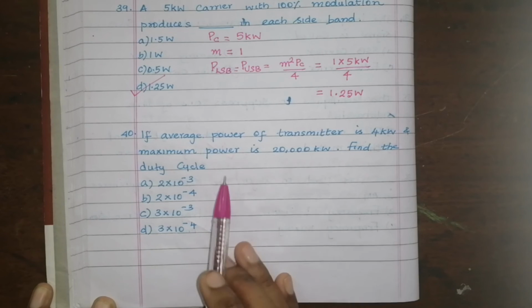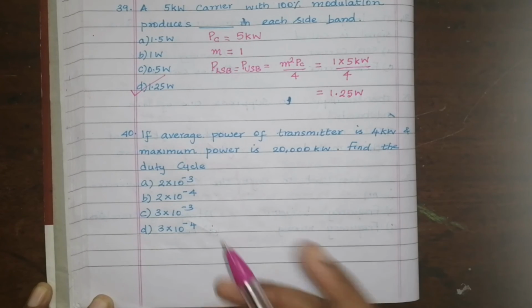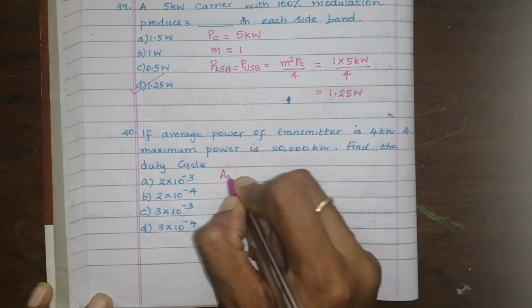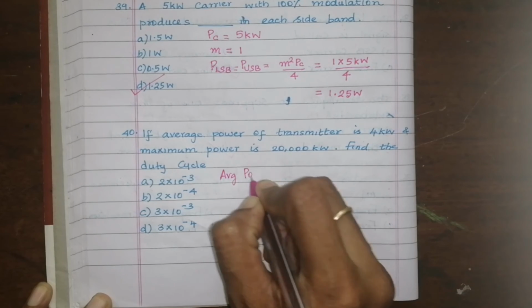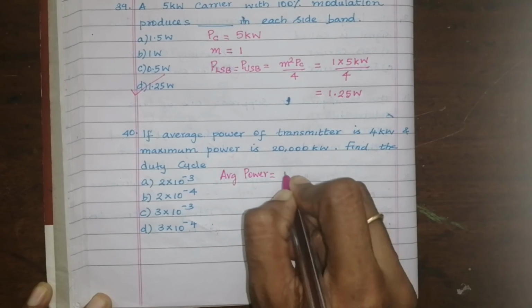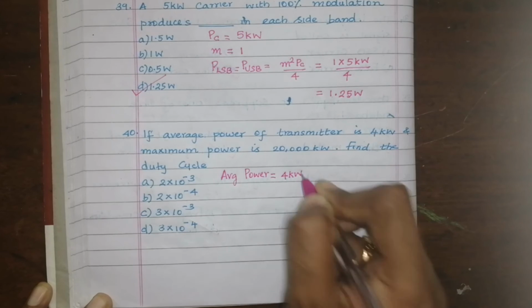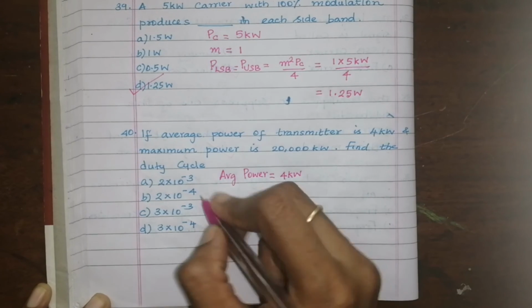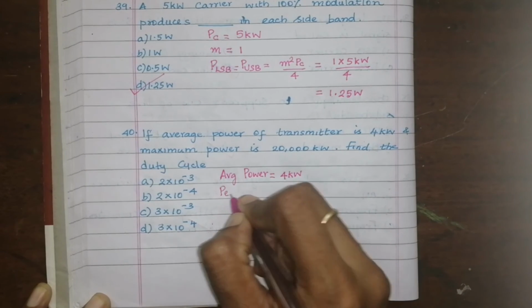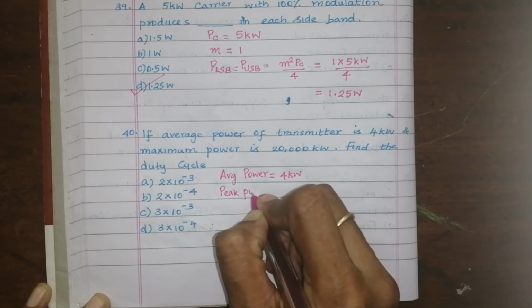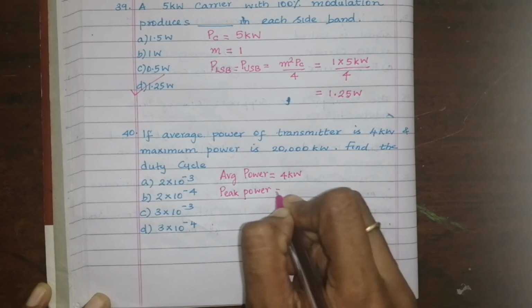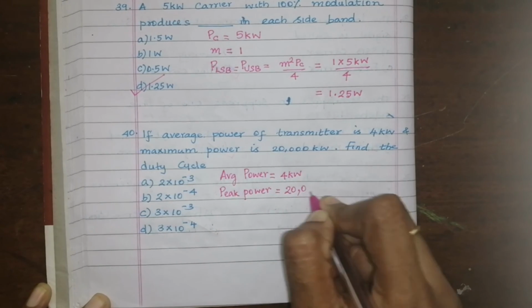The given data are average power, which is equal to 4 kilowatts. And maximum power, which can also be written as peak power, that is 20,000 kilowatts.